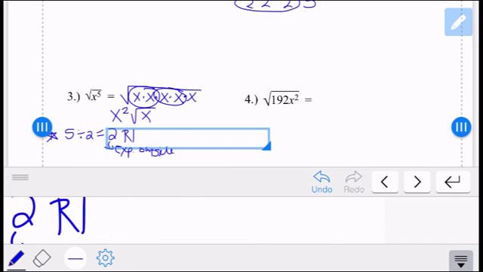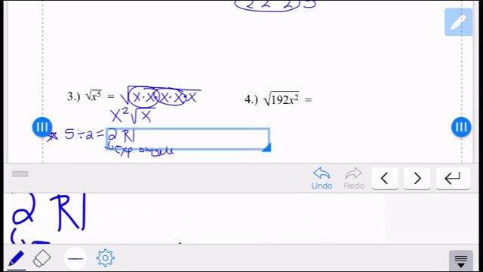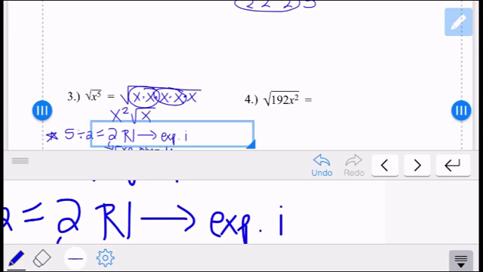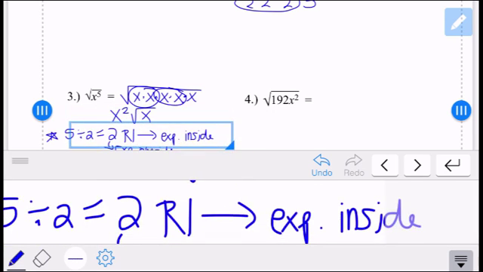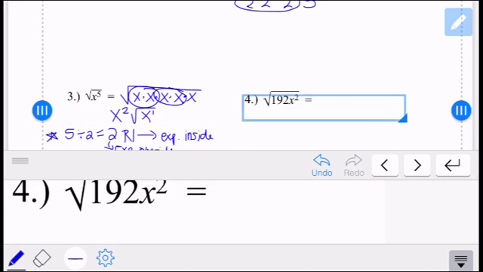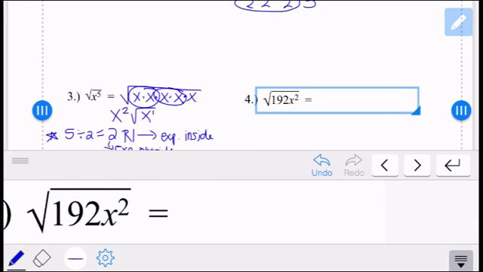And the remainder, let me make this a little bit bigger. There we go. That guy would be the exponent on the inside. Okay, so 2 and 1. Remember, no x there, or I'm sorry, no number there. That's x to the 1st. So that little trick will help you out.